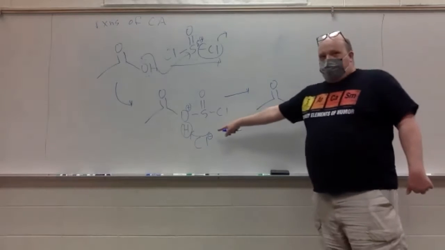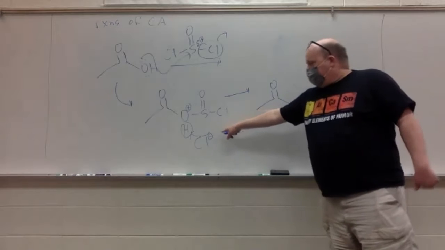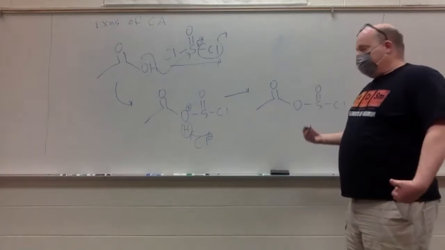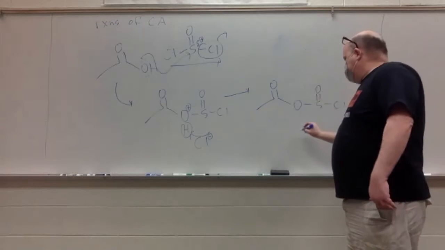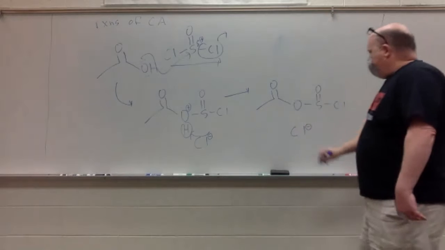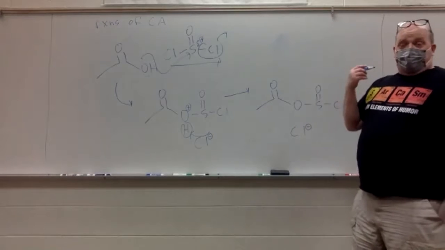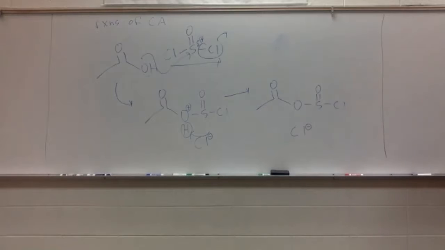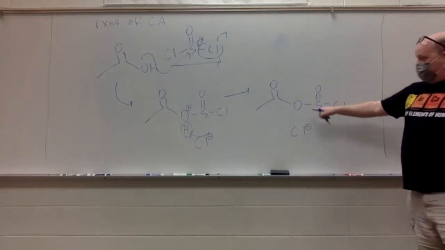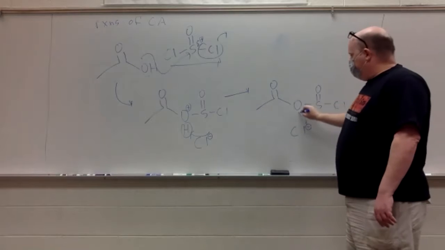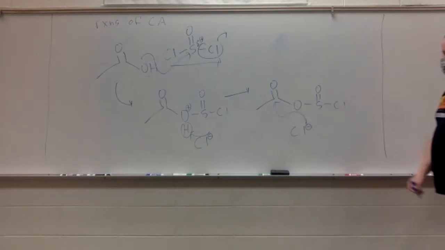That HCl that you just made here will dissociate in the solvent, give you H plus Cl minus. So you're still going to have Cl minus floating around in there. That Cl minus, by the way, is a terrible nucleophile. It's really, really weak. But it's strong enough to knock this off. That's how good of a leaving group it is. So that's going to attack there.